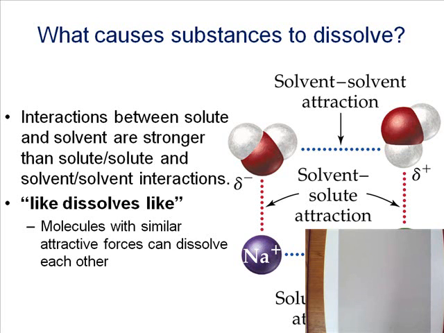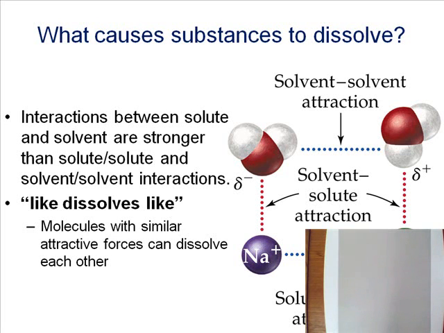Now, notice the purple sodium, which is plus, and the green chlorine, which is minus, they should attract each other. So why don't the Na plus and Cl minus stay together when placed in water? The answer is because the attraction of the water to the ion is greater than the attraction between the two ions themselves.